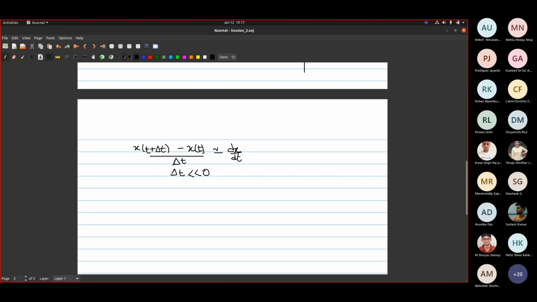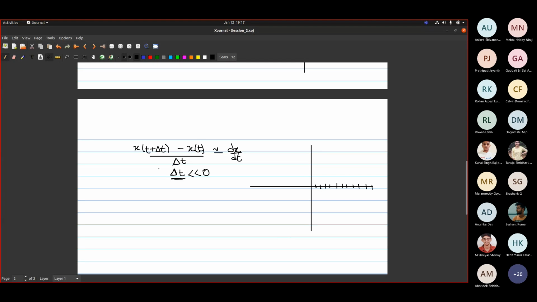Now what I will do with this time step delta t is basically cut down our time axis. If we have position and time axis, we have cut down our time axis into discrete portions, each of size delta t.